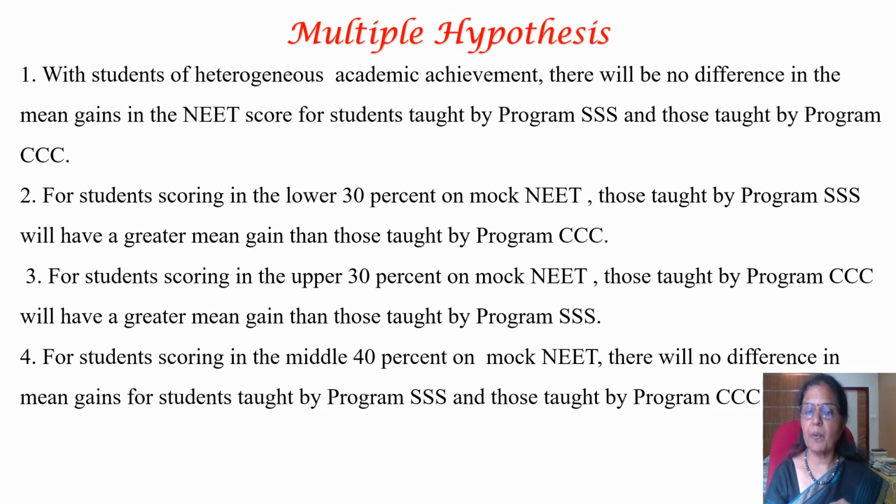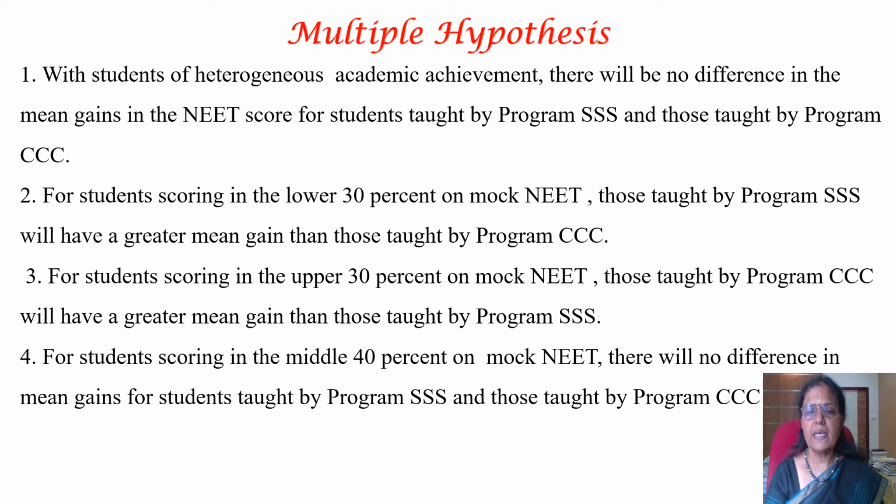And the first hypothesis, there will be no difference in the two programs, effect of the two programs, both by SSS and by CCC. There will be the same net gain in both the programs. There will be no difference. That is what the first hypothesis says.